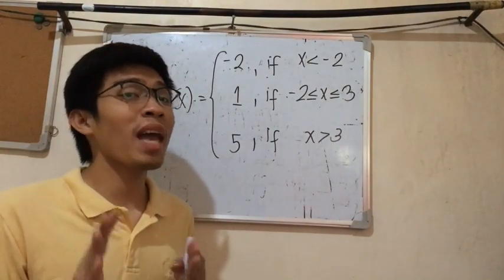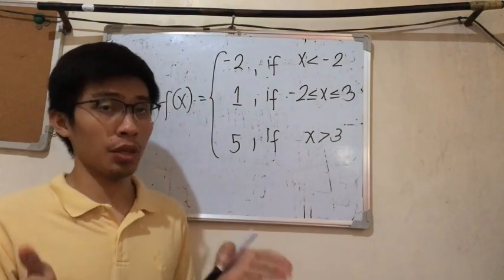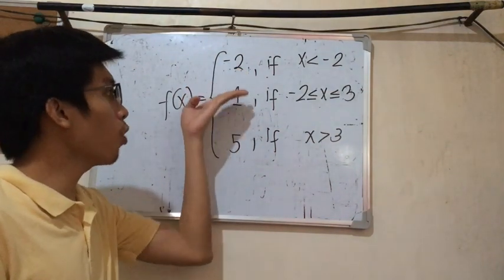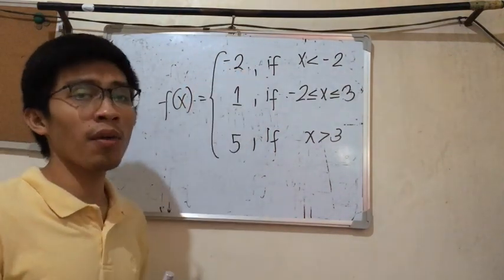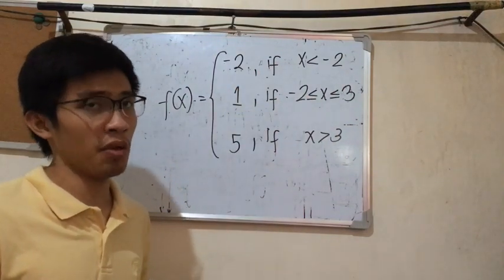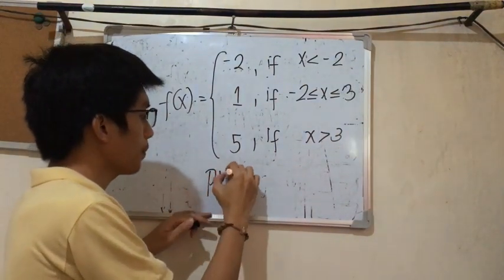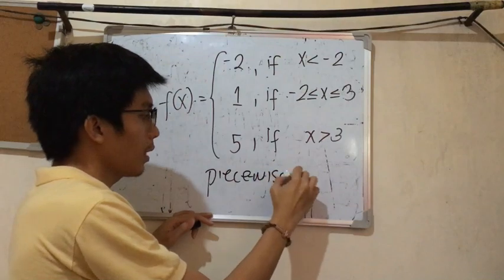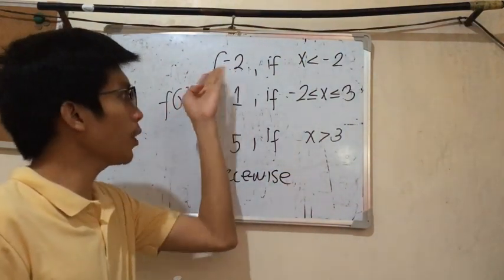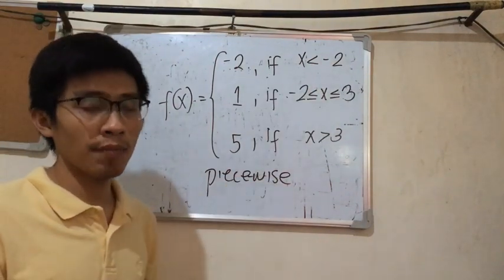Another function that we have to investigate if it is continuous or not continuous. I have here this kind of function. We have function 1, 2, 3, and each function only works in the following domains, on the following values of x. And we believe this kind of function is what we call the piecewise function. Now, f of x is equal to negative 2 whenever your x is less than negative 2.